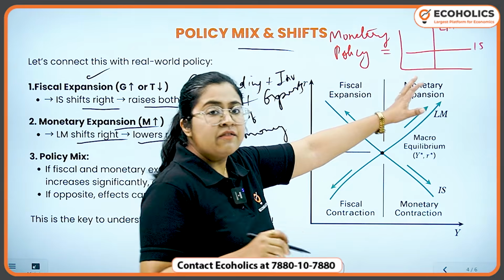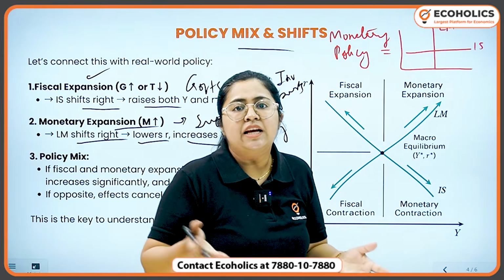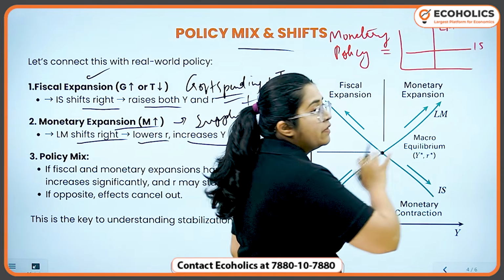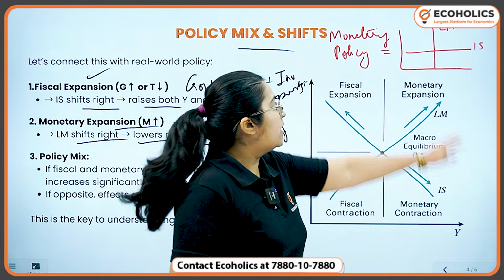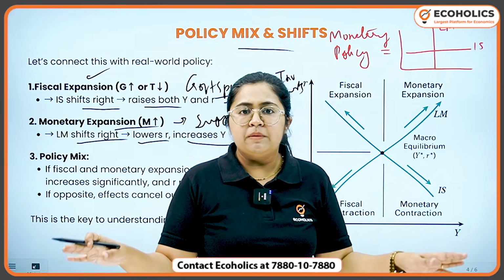Okay, now of course this is a very ideal condition, okay, but I'm talking about the elasticity of these curves. So when the IS curve is horizontal and the LM curve is vertical, what does LM curve vertical mean? That there is no speculative demand.